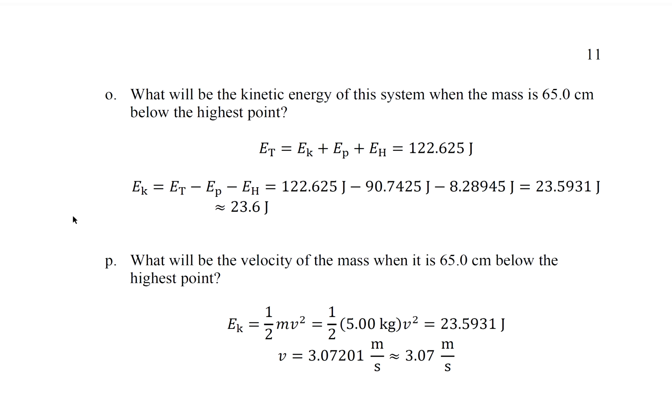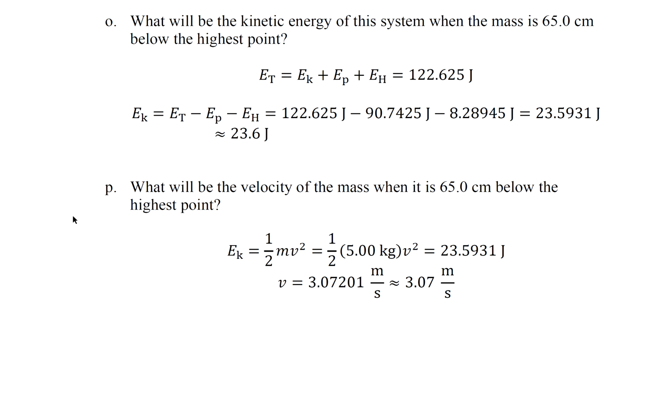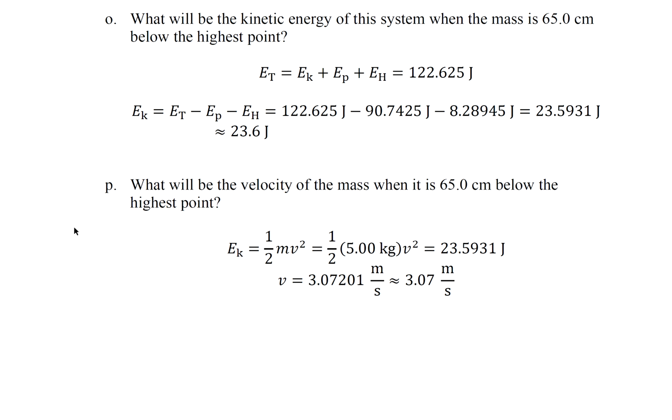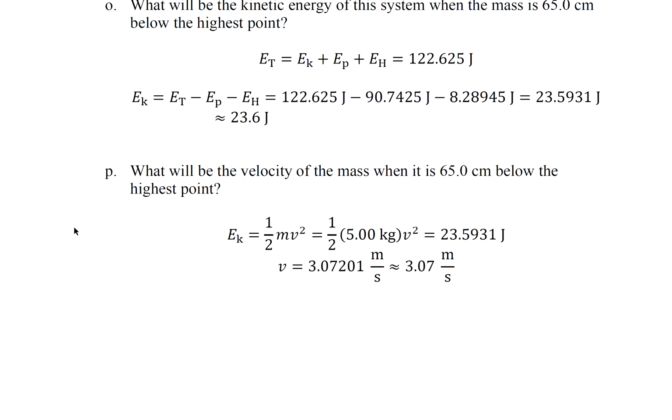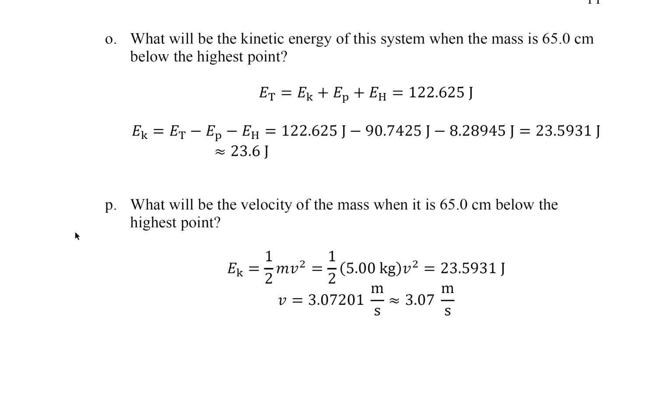Law of conservation of energy. Part P, what will be the velocity of the mass when it is 65 centimeters below the highest point? We have the kinetic energy from part O, so we just use that for part P.